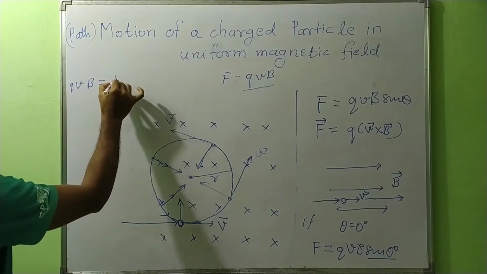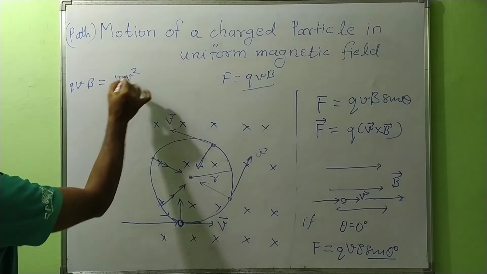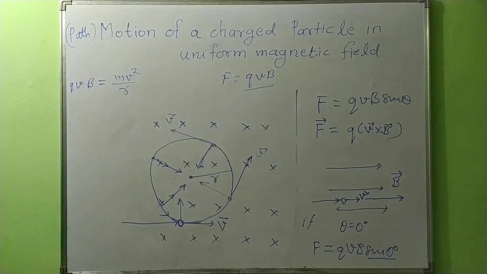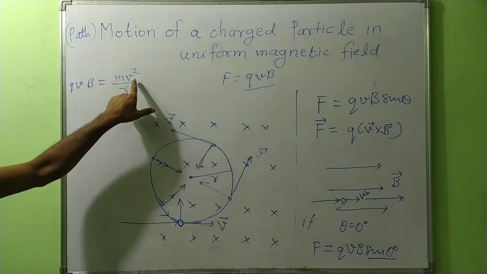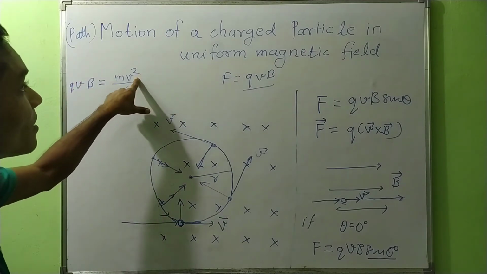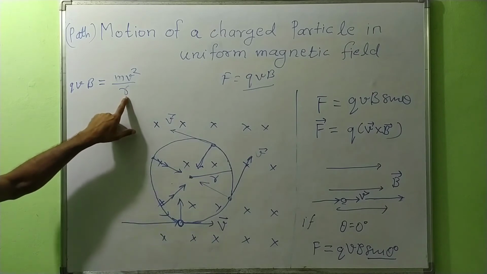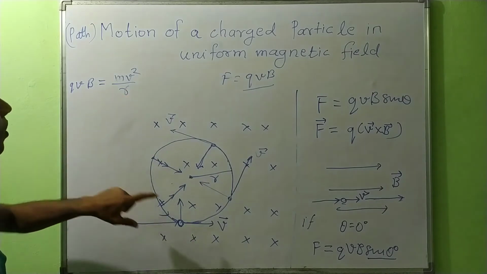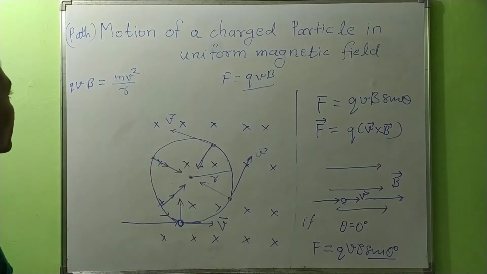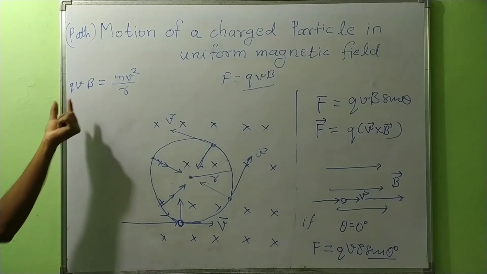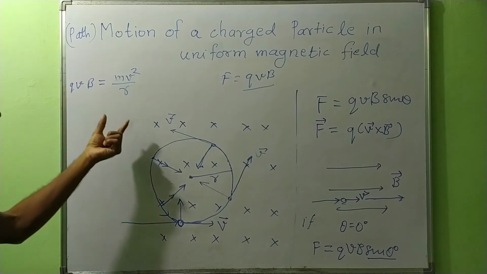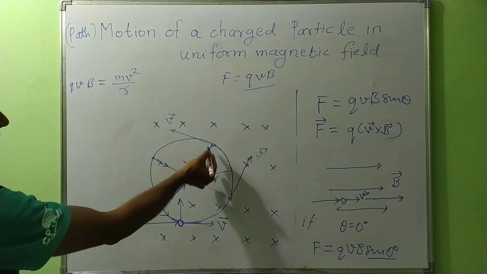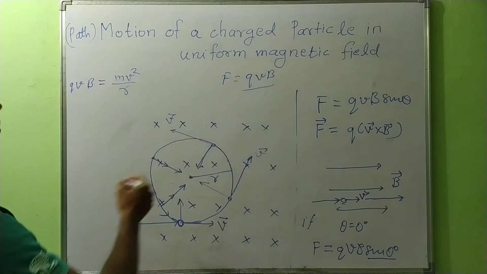And we know that the centripetal force is mv squared upon R, where m is the mass of the charged particle, v is the velocity of the charged particle, and R is the radius of the circular path. So we can find here the velocity of the charged particle at every point of this circular path.